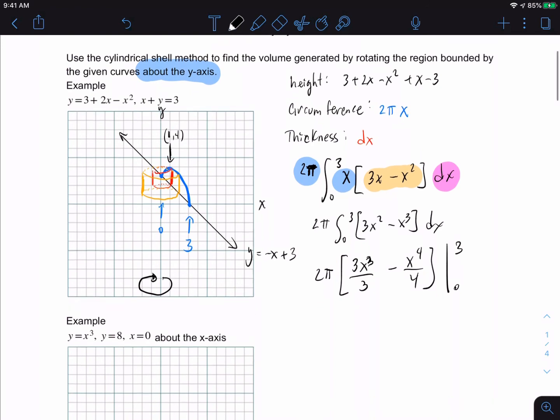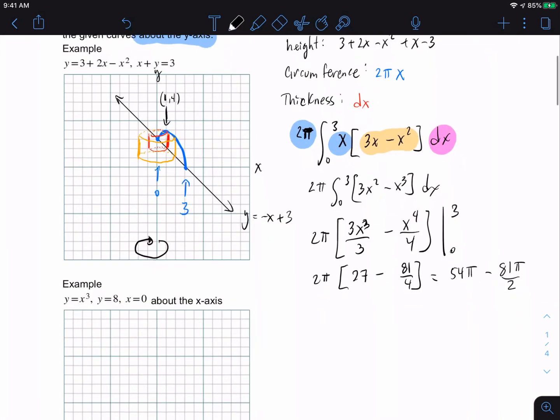So if we plug in 3, I'm going to get 2 pi, the 3's will cancel, so I'm going to get 27 minus, is that 81 over 4? And so that's going to give me 54 pi minus 81 pi over 2.